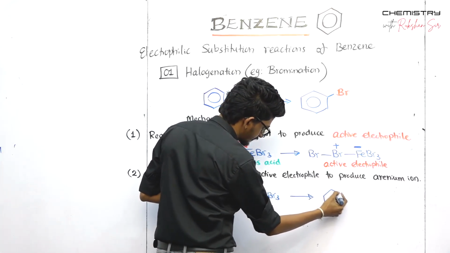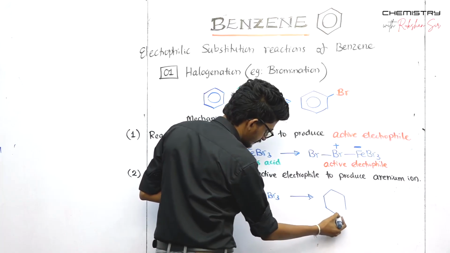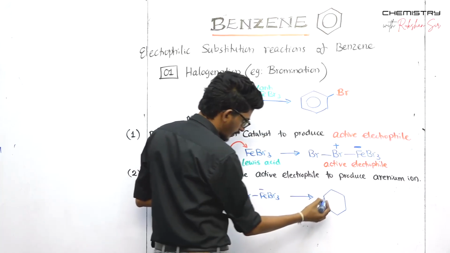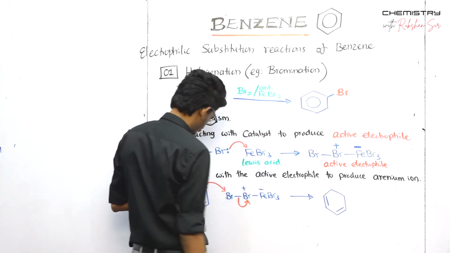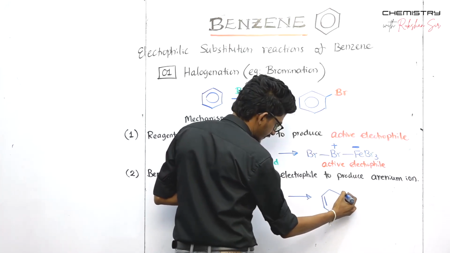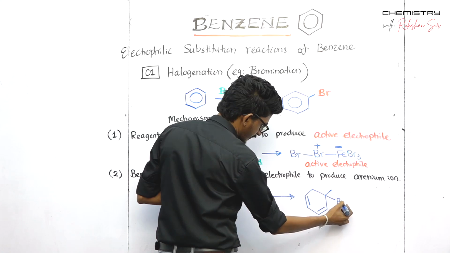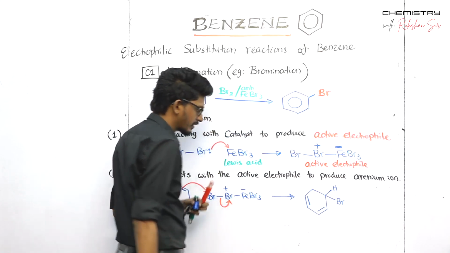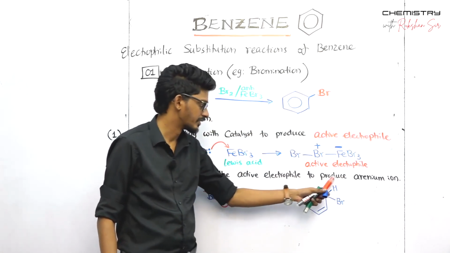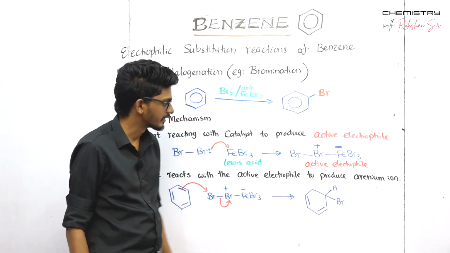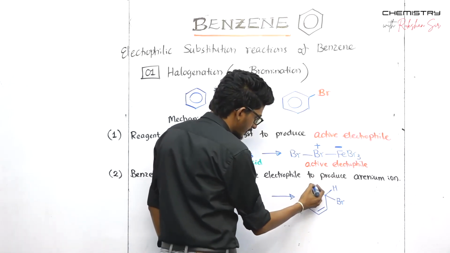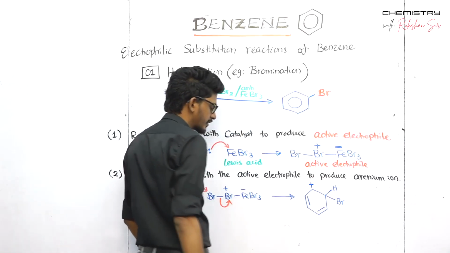It will come with some Br. That hydrogen, which is supposed to leave, is also appearing, so you need to write that as well. And to this place, a positive charge comes.